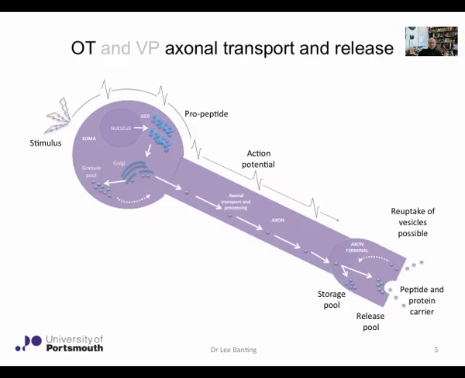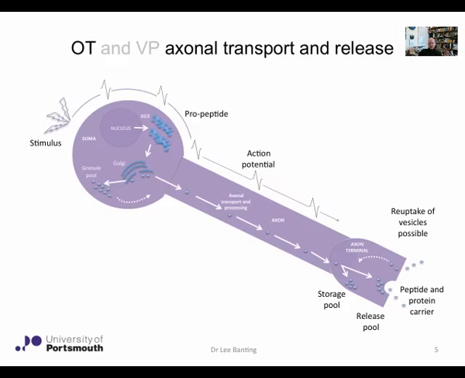Just to remind you that the axonal release of these neuropeptides comes about by a stimulus on a nerve body, synthesis of a propeptide, which is a transcript containing the transport protein for the peptide and the peptide itself.